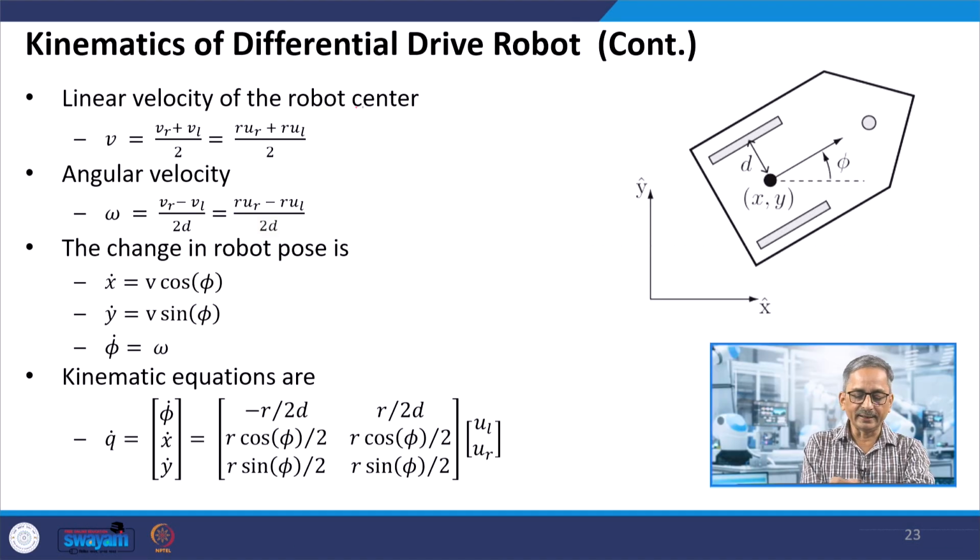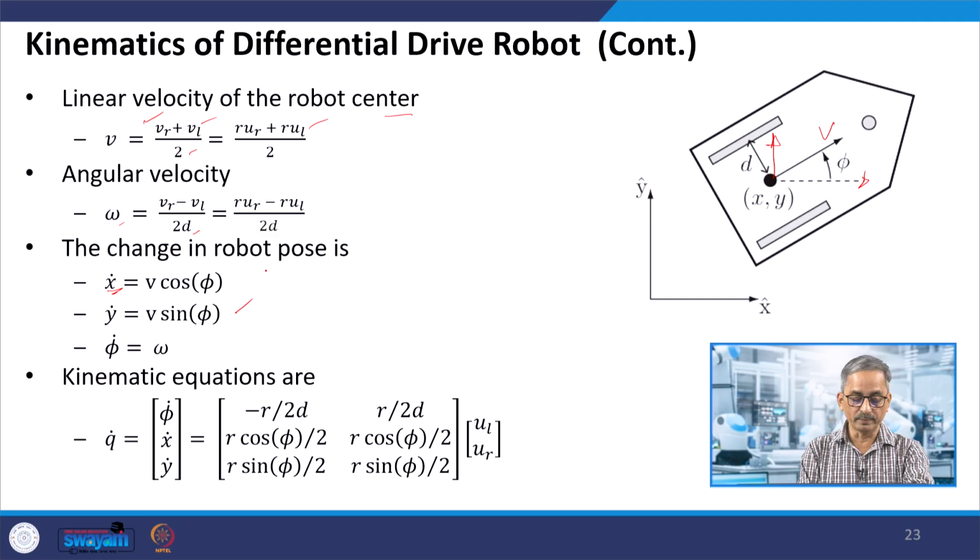So, I can get the linear velocity of the robot center, simply right velocity plus left velocity by 2. Okay, I can write it in terms of the angular velocities, and this angular velocity will be right minus left by 2d. So, this way I can get the change in the robot pose: x dot will be v cos phi, and y dot will be v sin phi.